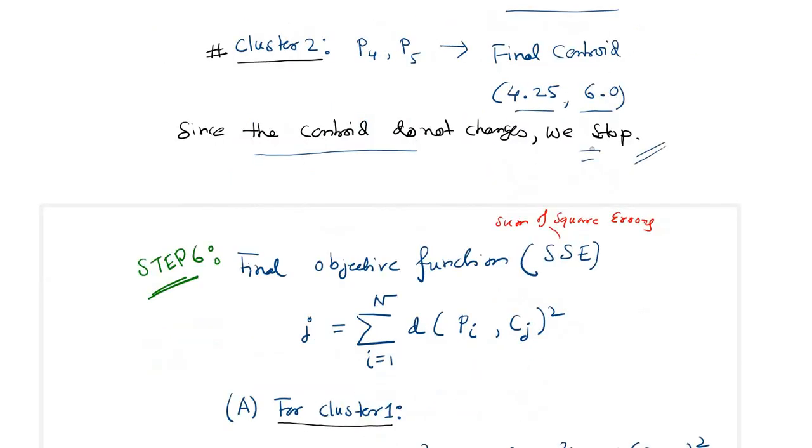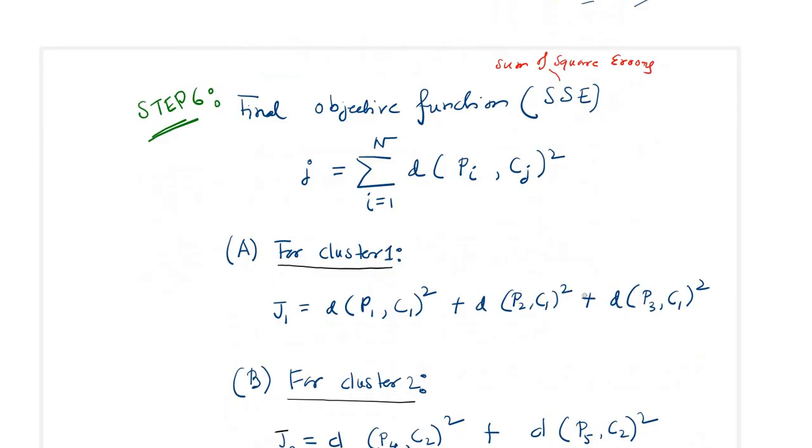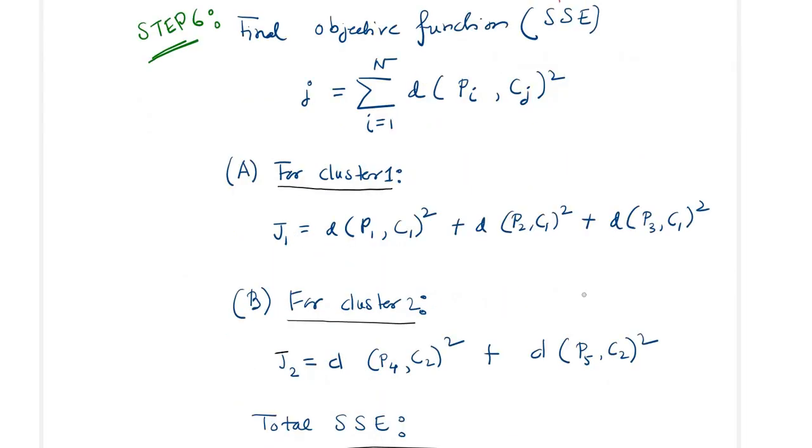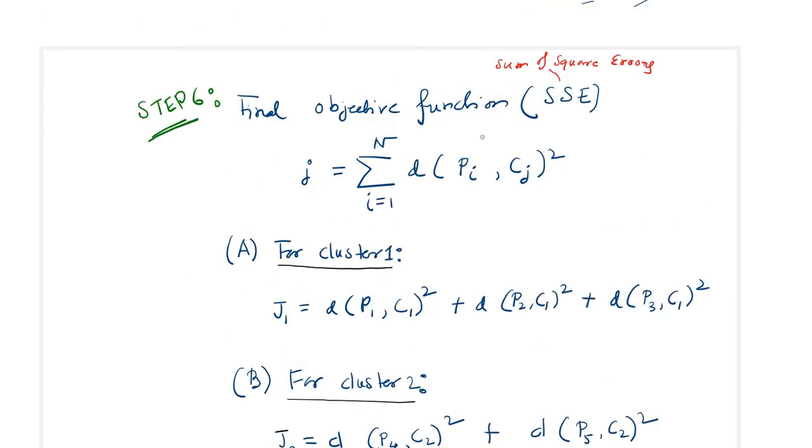Okay. Now step number 6. What is the final objective? We are actually finding the sum of squared errors. So that is the objective function. The objective function is defined as J equals the sum from i to n of the distance between pi, the points, and cj, the centroid.